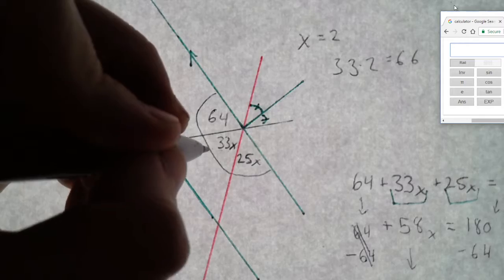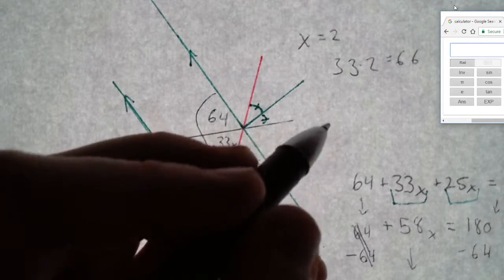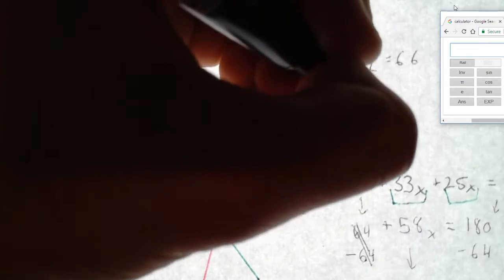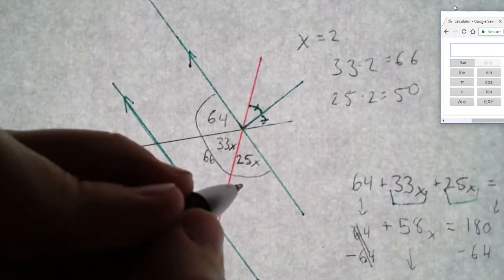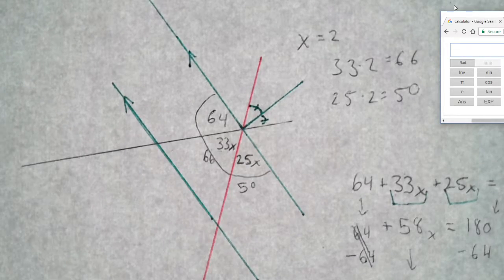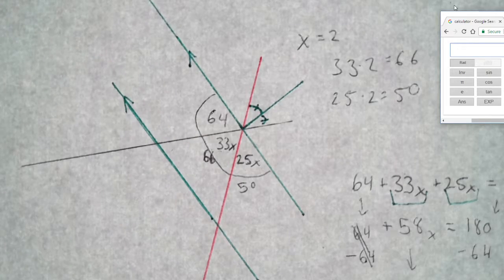So I know that this angle over here is actually 66. 25 times 2 is 50. So I know that this angle is 50. Good. We're starting to get there, right? We have 3 of the angles in here. All right.